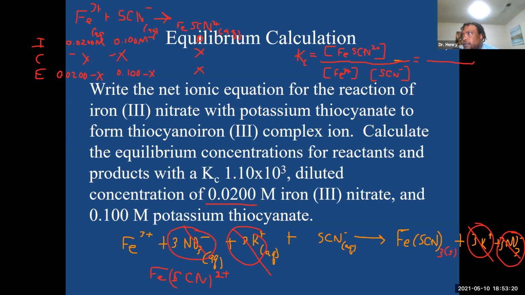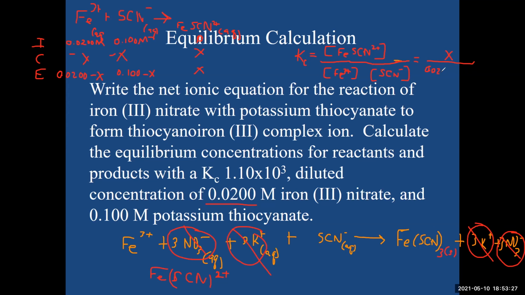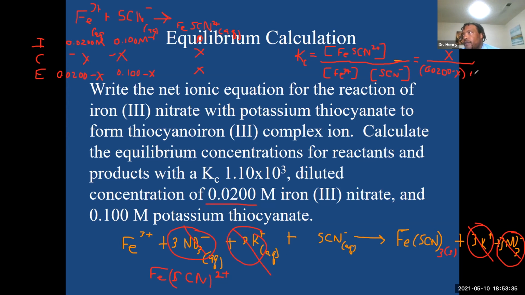So we have x divided by 0.0200 minus x times 0.100 minus x. And we know that that's going to equal our 1.10 times 10 to the third.